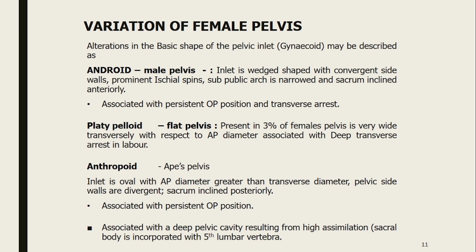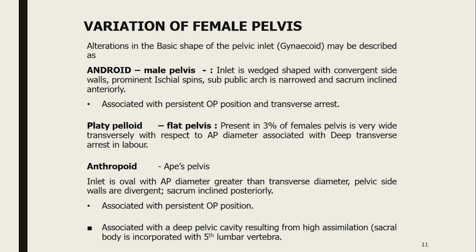Unlike the gynecoid pelvis, which is round or oval at the inlet, the inlet of the android pelvis is wedged, and it goes down like a cone with convergent side walls. The ischial spines are very prominent. The subpubic angle is narrow, and the sacrum is inclined anteriorly.